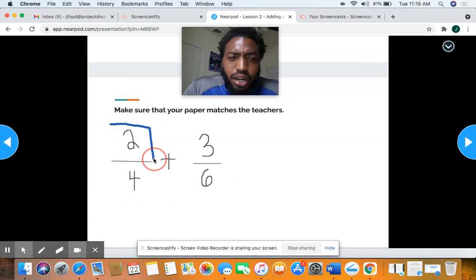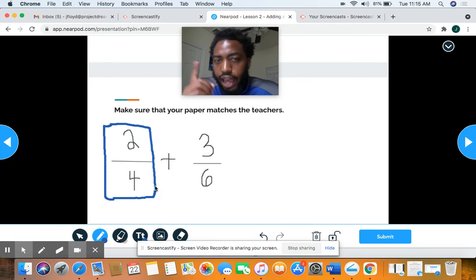My first step is I'm going to square this. I'm going to square this first fraction, or make a rectangle on this first fraction, because that's the first fraction that I'm looking to use. That's the fraction I'm going to be looking to use first. So I'll say, okay. Now I'll draw my square. I got my rectangle or my square. All right, I'll call it a rectangle.